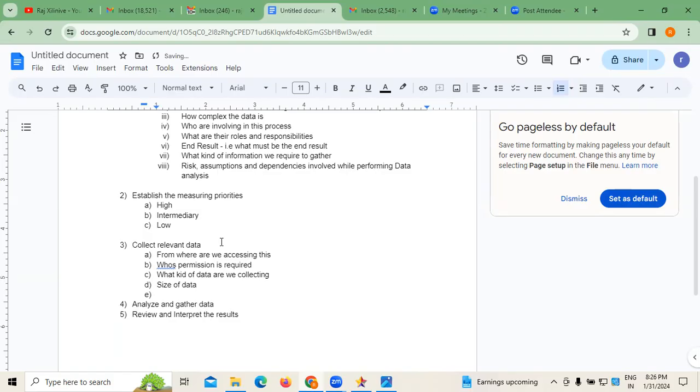Whenever we want to collect the relevant data, first of all, we should know the relevancy. If you want to know about the relevancy, you must know from where we are accessing it, because we have to see the relevancy when we are working on the project, when it comes to the data analysis part. So we must have a clear understanding about from where we are accessing this.